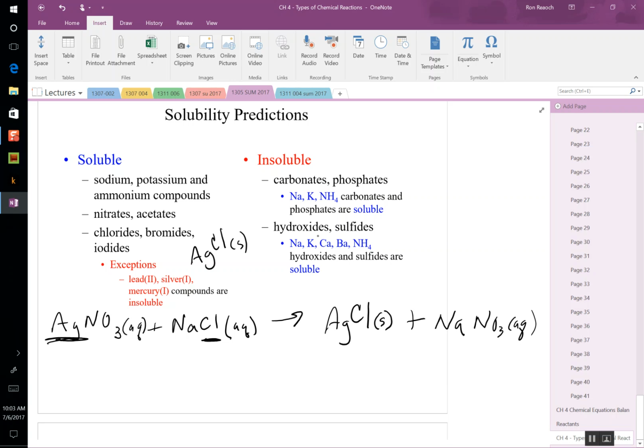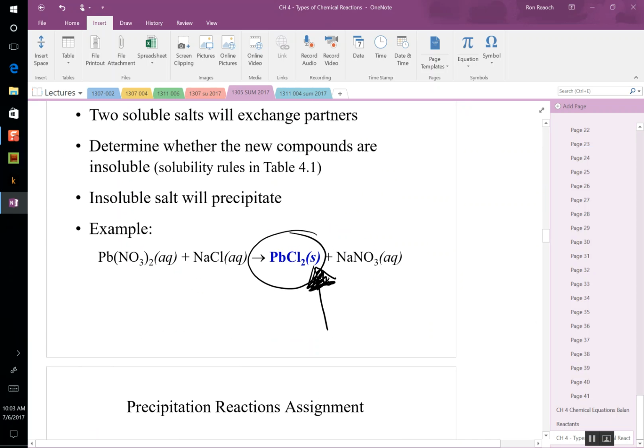Okay, aluminum is not one of those. It's not one of these exceptions here. So aluminum hydroxide is not soluble in water. So it's saying these hydroxides and sulfides are soluble. But aluminum hydroxide is not one of them.